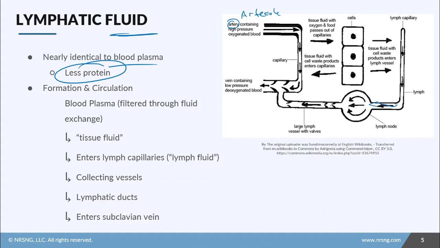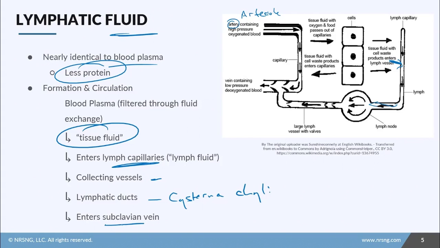And at some point, your valves are going to keep it going, but the blood plasma gets filtered through that fluid exchange, and this is called tissue fluid. And then it gets entered into these lymph capillaries here, and that's where it's going to go from the lymph capillaries all the way to the lymph collecting vessels. And you've got the lymphatic ducts, so this is the cisterna chyli. And then it's going to enter that subclavian vein on both right and left sides, and it's going to enter back into the heart.